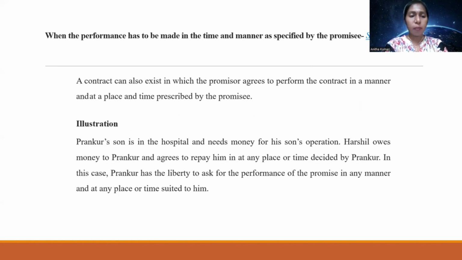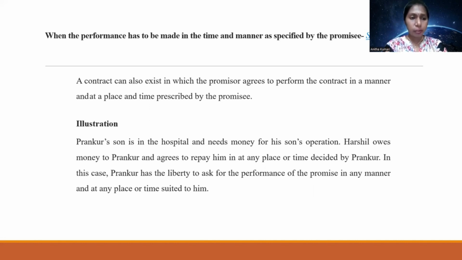When the performance has to be made in the time and manner specified by the promisee, sometimes the promisee clearly mentions at what time and in which place the goods have to be delivered, or whether there is any specific reason. In such a case, the promiser has to follow that.